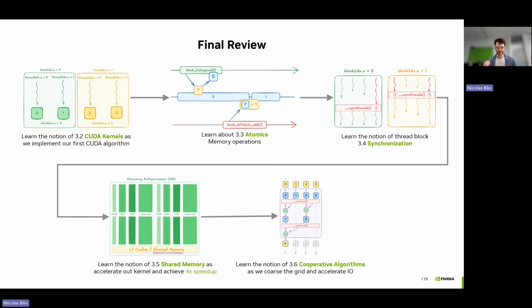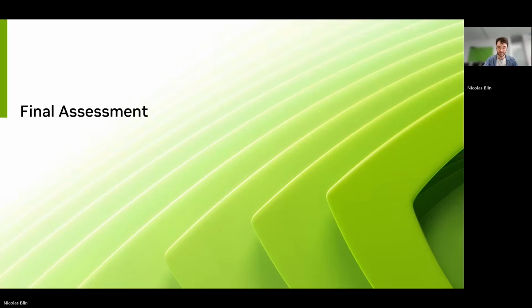But that also meant we had to do some synchronization at the correct location. We also discovered a way to store block-wide data faster by using shared memory instead of global memory. And finally, we saw how we can use cooperative algorithms like CUB directly inside your kernel to go even faster and avoid having to implement everything from scratch.